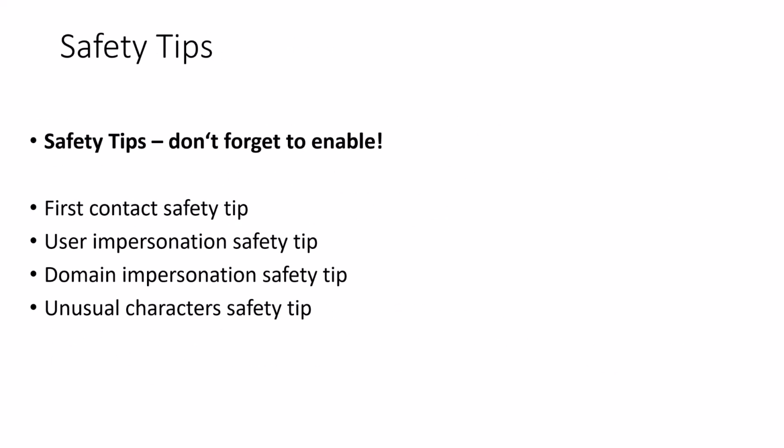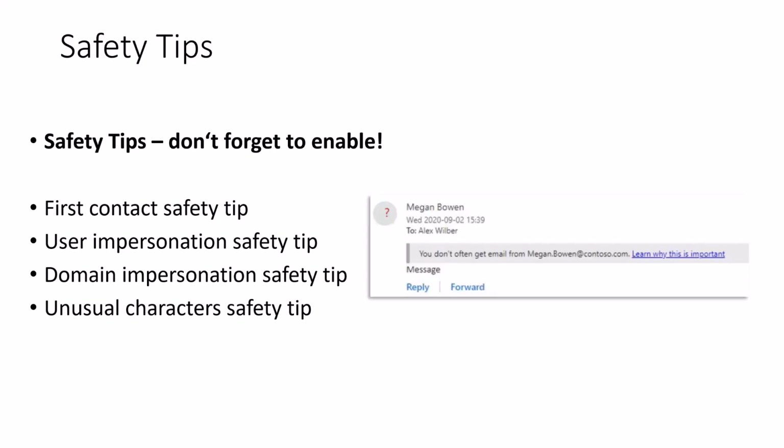Another important feature in terms of showing our end users how they can be protected is the safety tip. It's one of the settings within the impersonation settings in our policies.